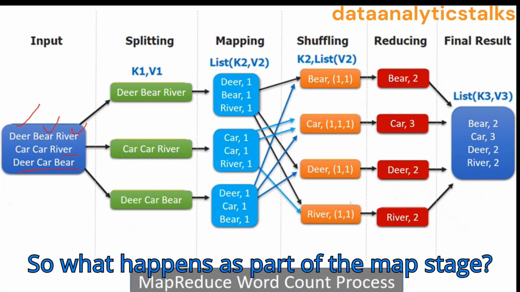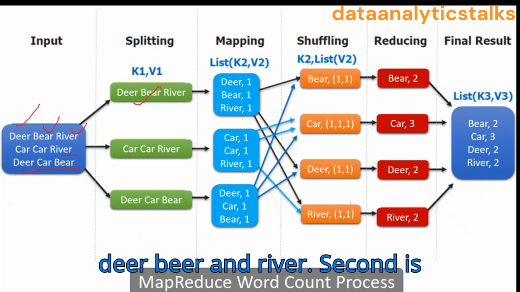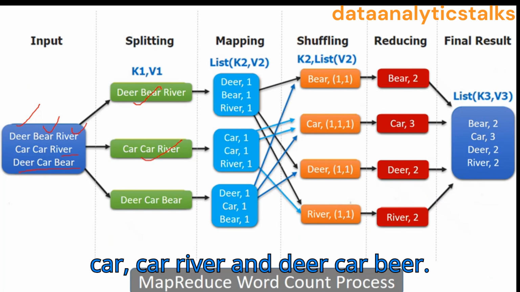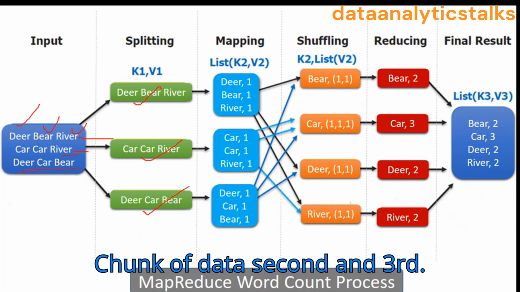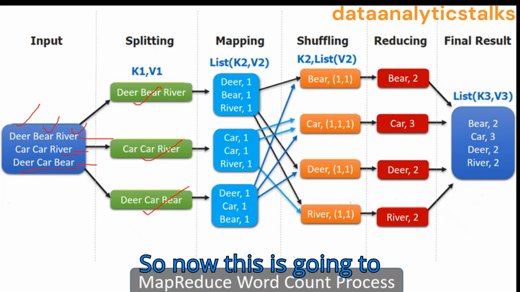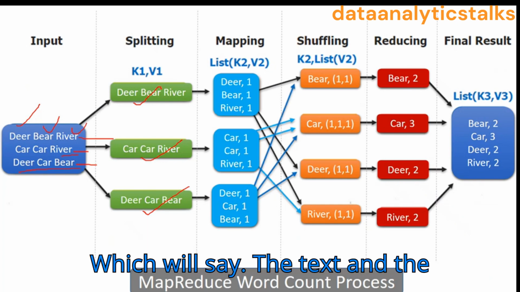So what happens as part of the map stage is that this is divided into chunks. The first is deer, beer, and river. The second is car, river, and the third is deer, car, beer. Now this is mapped to key-value pairs, which have the text and the count.